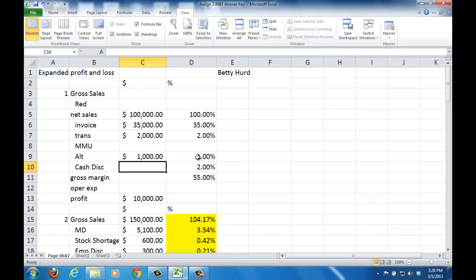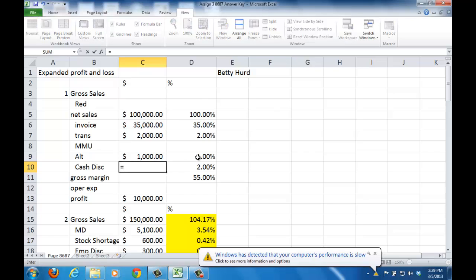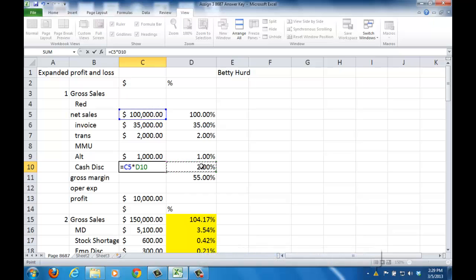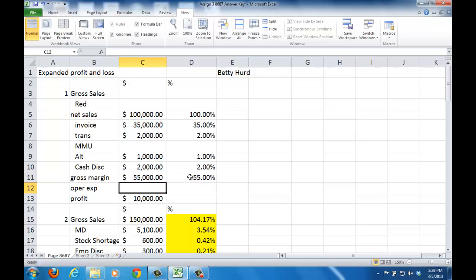Cash discounts are things where we get money back from the vendor if we pay our bill in advance. So that equals net sales times 2%, almost like a rebate. Gross margin is 55% of sales, so equals net sales times 55%.